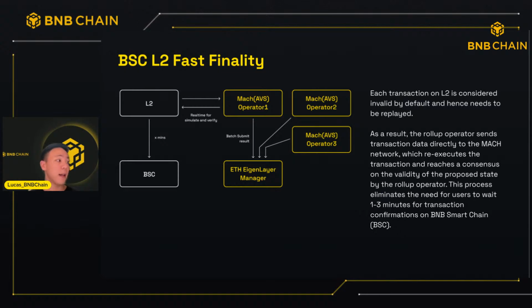What typically happens is that the Mach AVS operators, operator 1, 2, 3, replay all of these transactions and have the ETH EigenLayer manager oversee all of these finalities and replays, and finally achieve consensus on Layer 2 itself without the need to be sent to Layer 1 for finality. Ultimately, the transaction will still be sent to Layer 1 for finality, but it can achieve consensus on Layer 2.